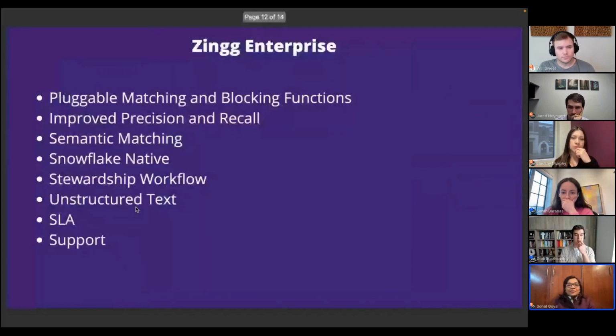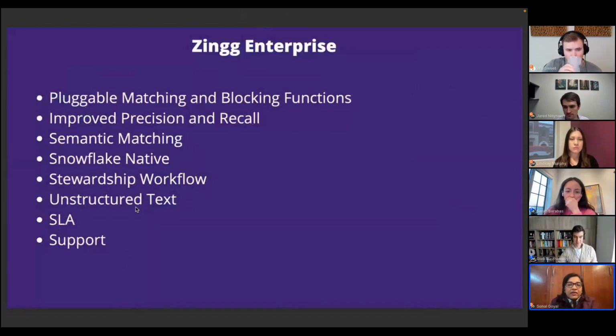So on top of the open source that we have released, we are also working on the Zingg Enterprise version. The prime thing that we are releasing as part of the enterprise is a Snowflake native product, which doesn't need a separate Spark instance, and it can run natively within Snowflake.